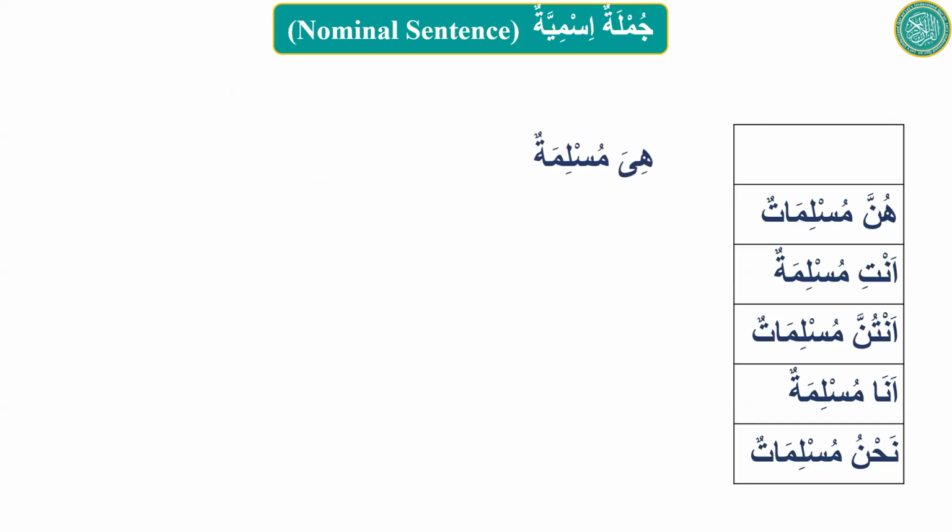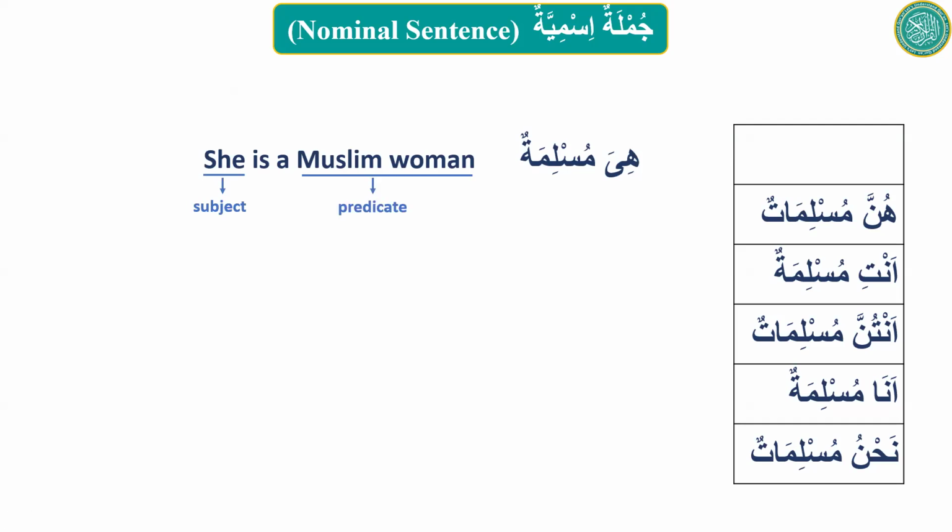So let's take the feminine gender. Hiya means she. Muslimatun, she is a Muslim woman or a Muslim girl or a Muslim lady. Over here, she is the subject and Muslim woman is the predicate. We label them: hiya is mubtada and muslimatun is khabar.